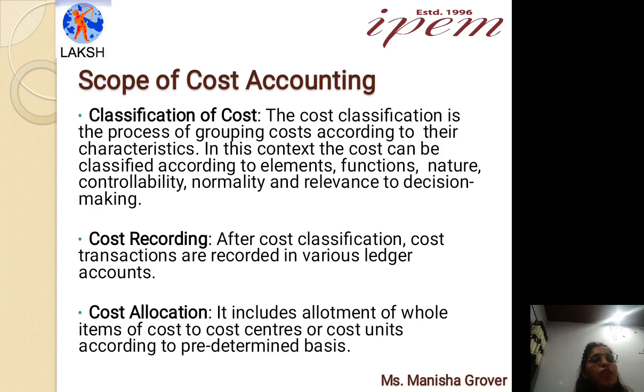For example, if we have a small scale business and there are 5 laborers involved, we have to identify which laborer will do a certain level of work. So cost allocation helps us determine the job provided to the particular laborer, or we can determine the cost of material by determining the nature of the work, the nature of the job. So with the help of cost allocation, these things can be predetermined.